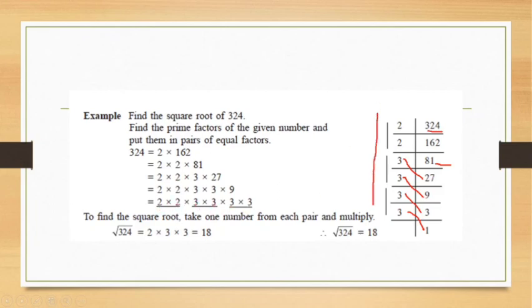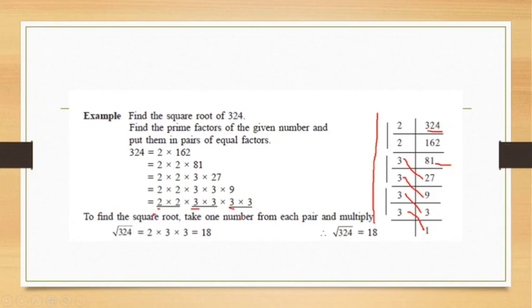Whatever appears on the left side, you have to write here as the last step. Therefore, the square root of 324 is, take 1 time 2, take 1 time 3 and take 1 time 3.